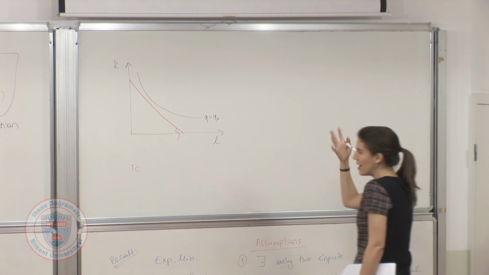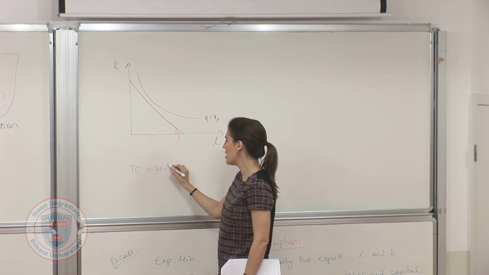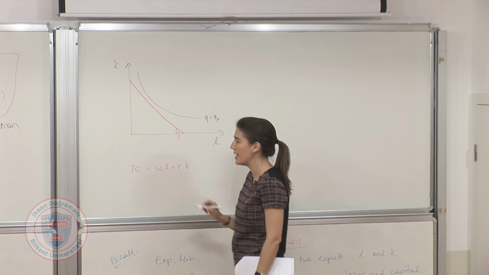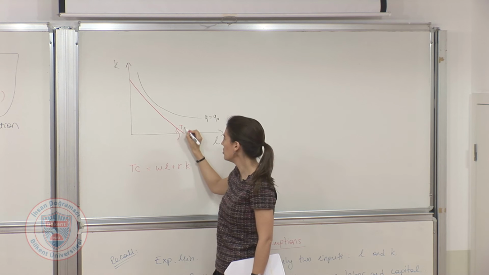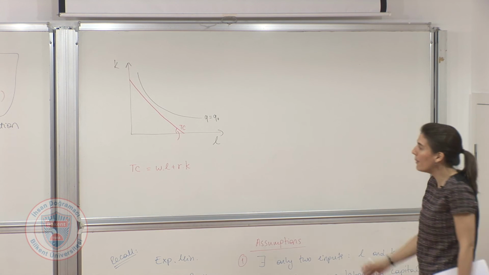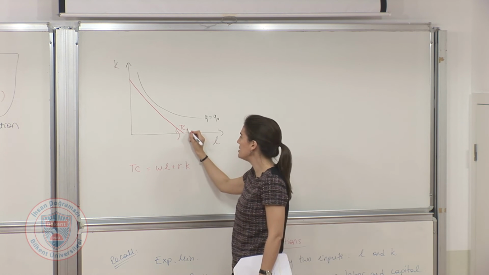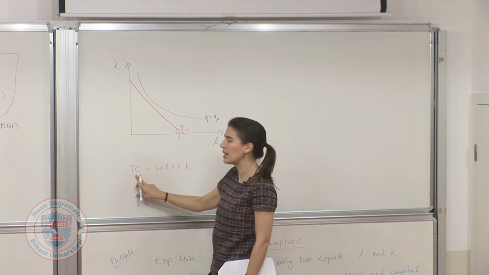Total expenditure in the expenditure minimization. Total cost is wage times L plus R times K, okay? So what is the slope of this total cost curve? Let's call this TC1. Suppose total cost is equal to 5.